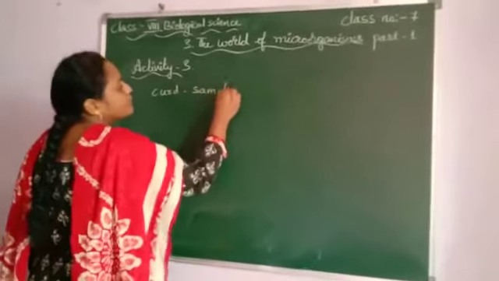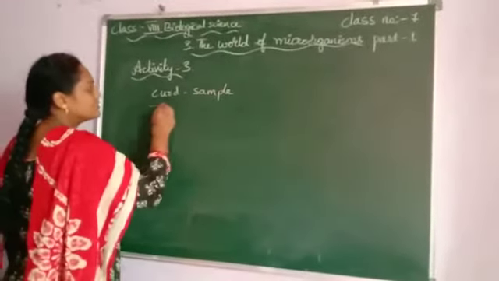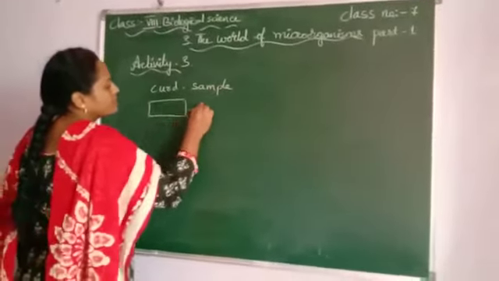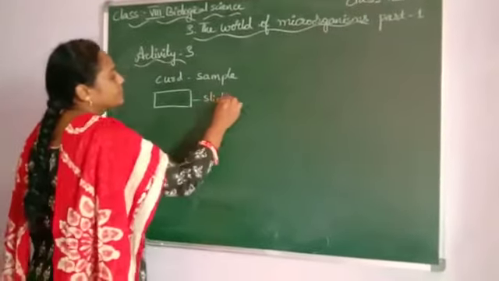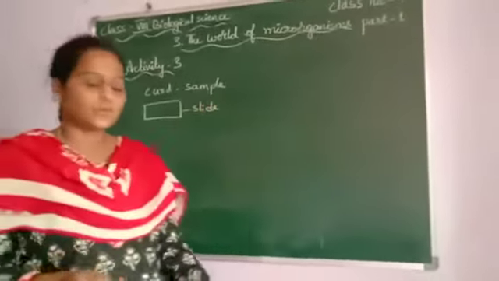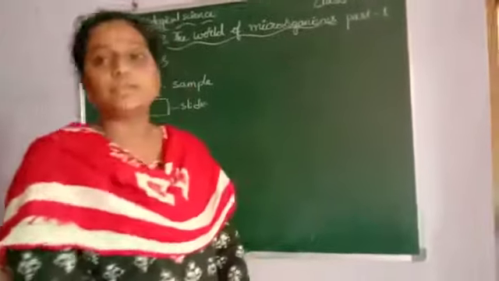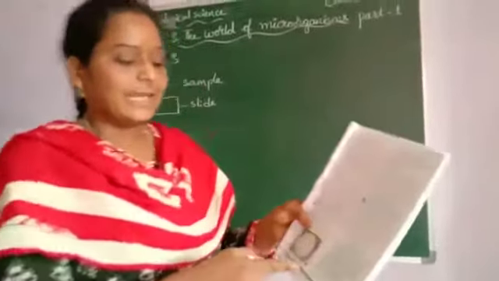Take a few drops of the sample and place it on a slide. What is going to be observed? Like this, lactobacillus bacteria is observed. The blue color part is the lactobacillus bacteria.